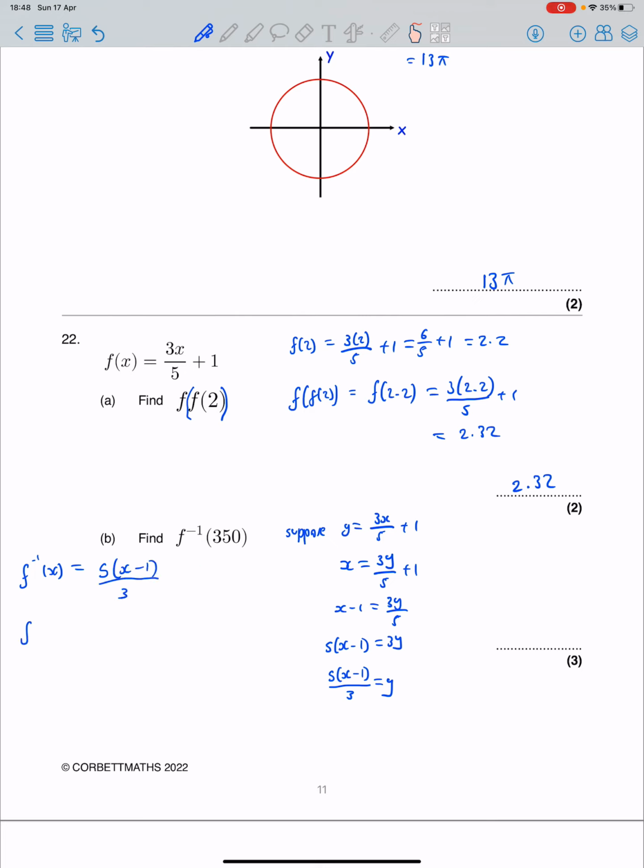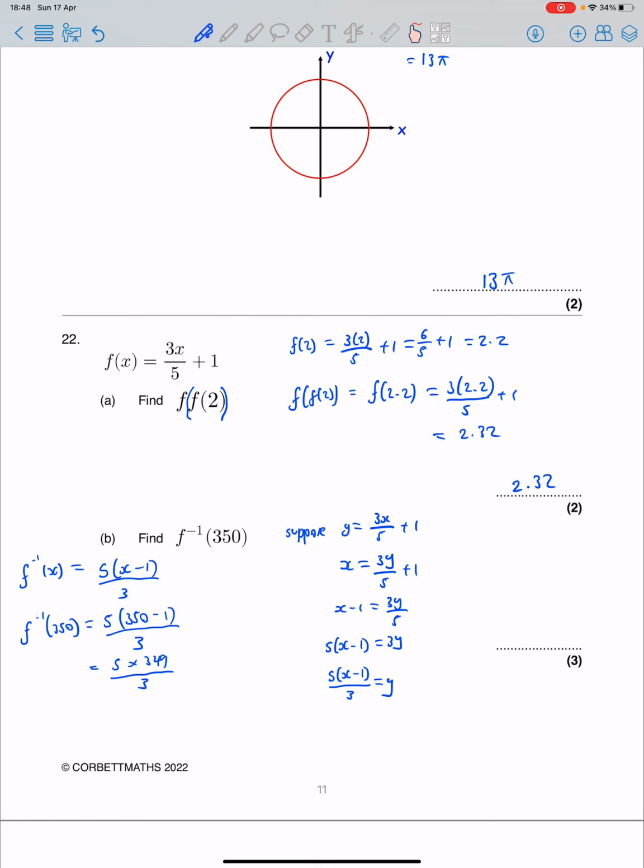So therefore, f minus 1 of 350 is equal to 5 lots of 350 minus 1, all divided by 3. So then that's equal to 5 times 349, all divided by 3.